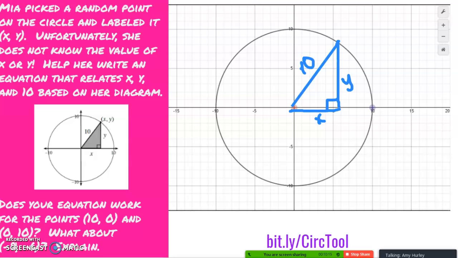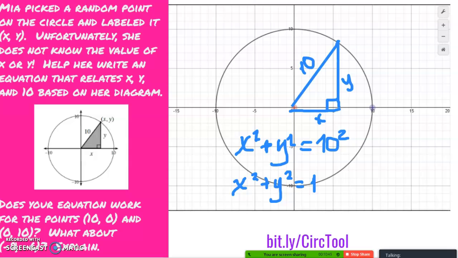So what is the Pythagorean theorem that we're going to use here? It's going to be x squared plus y squared equals 10 squared, or we could write it x squared plus y squared equals 100.